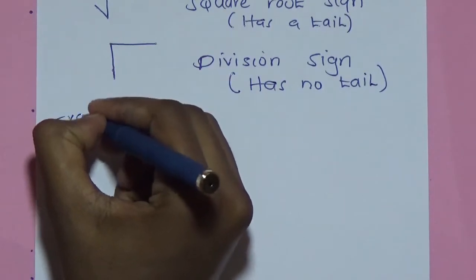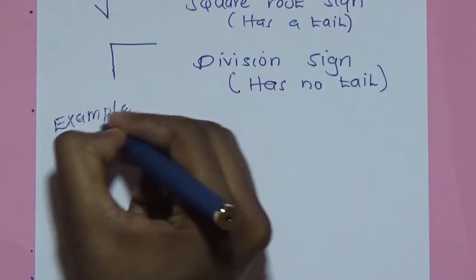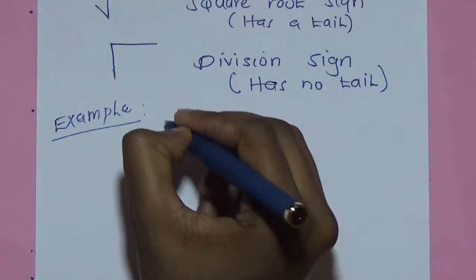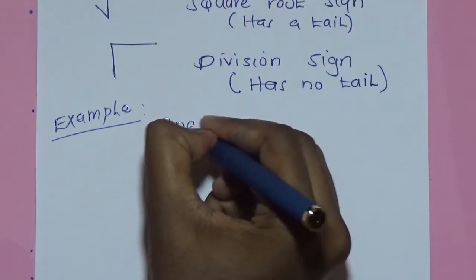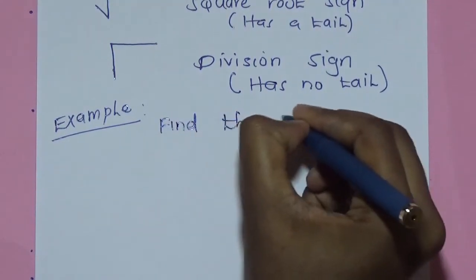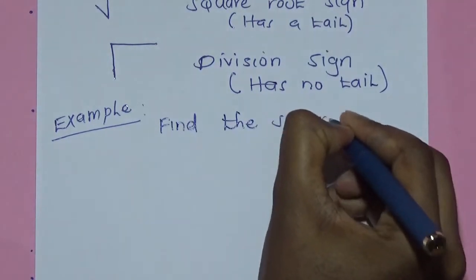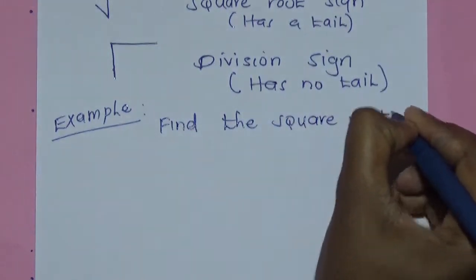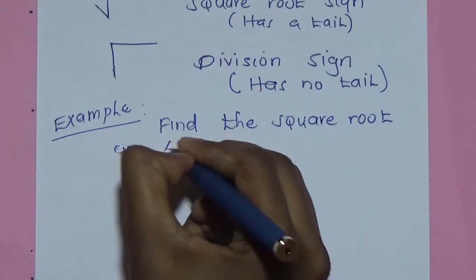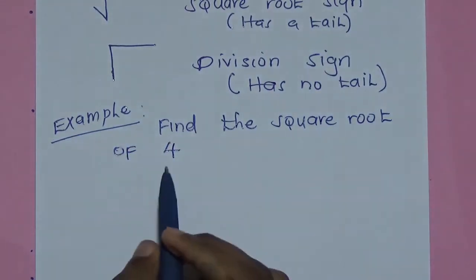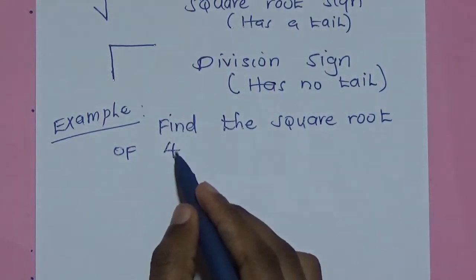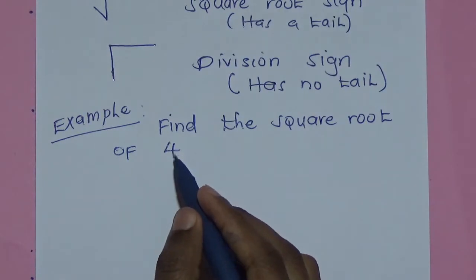Example. You are told to find the square root of 4. So you are supposed to find the square root of 4. 4 is a square number.